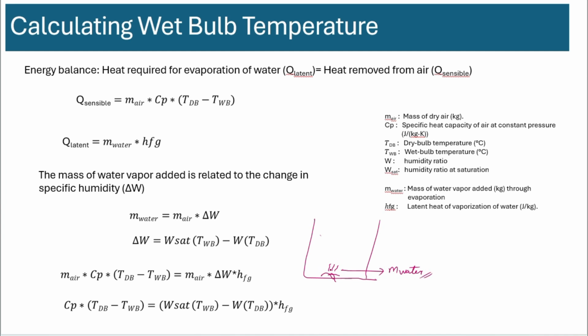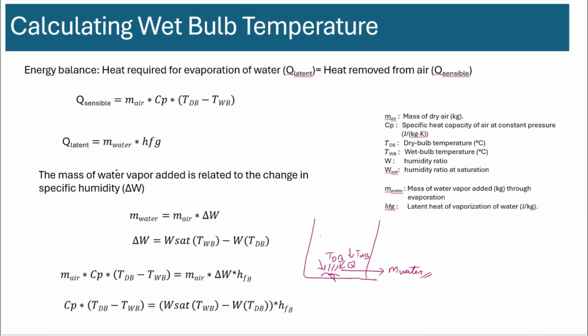While it's evaporating, it takes a small amount of Q from the surrounding air. That drops the temperature of the surrounding air from the dry bulb value to the wet bulb value. So there's a small temperature change in the air because the water is evaporating.